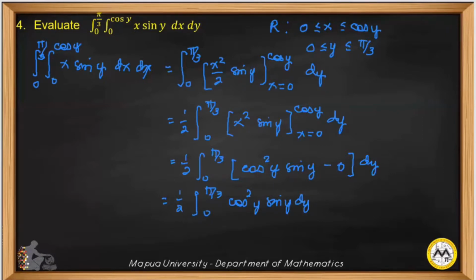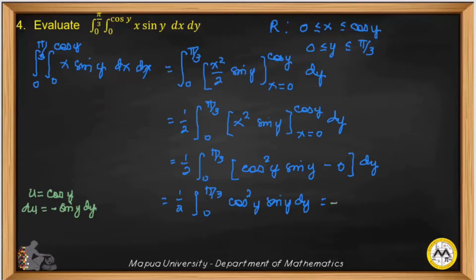And if you will do power formula, of course, we have to let u equal cosine of y, whose differential is negative sine of y dy. Therefore, we have a correction factor which is a negative sign. Hence, this is equal to, we write the correction factor -1 here.